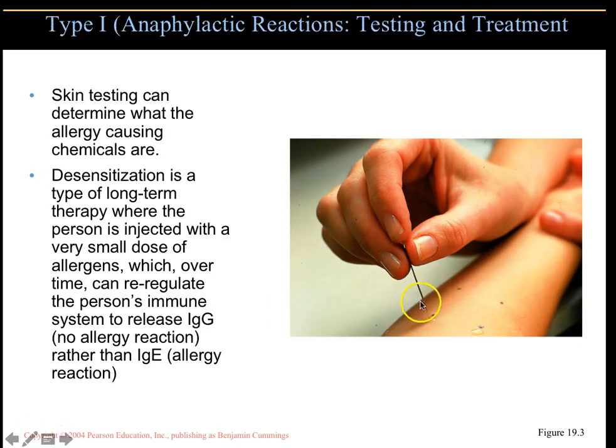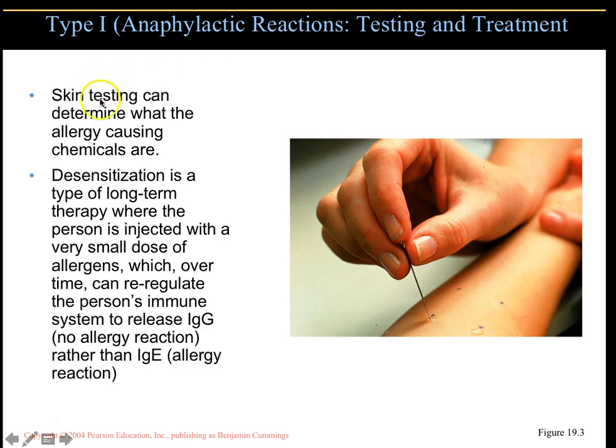Okay, so this is just showing you how they test if you have allergies. They can also do this by blood. They don't have to do it by skin anymore, but a little bit of the allergen is scraped into the person, and if they then have a wheal and flare reaction after it has been there for a bit, then that person is allergic to that substance.